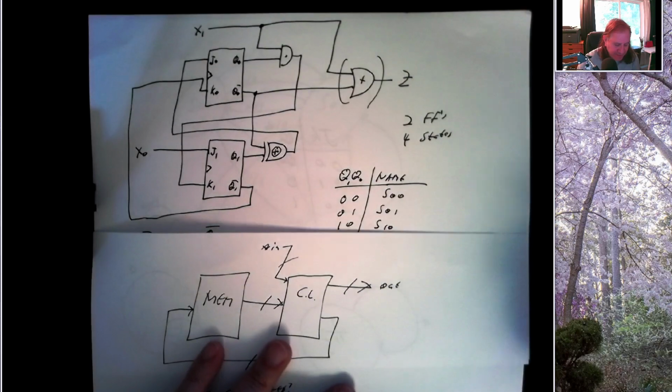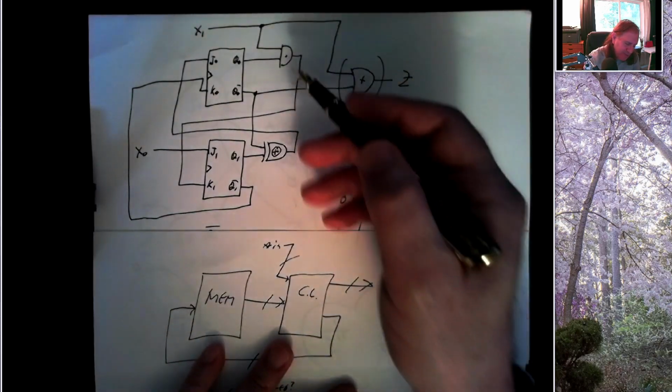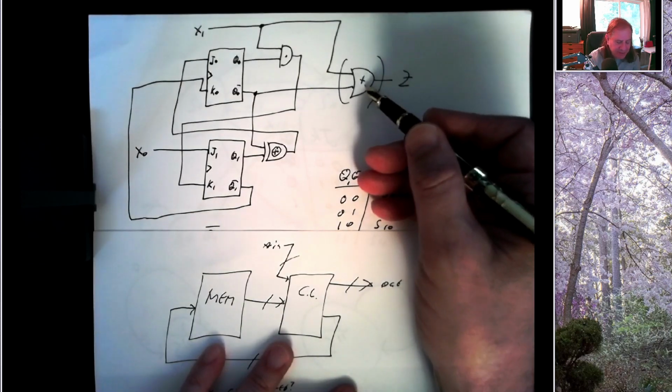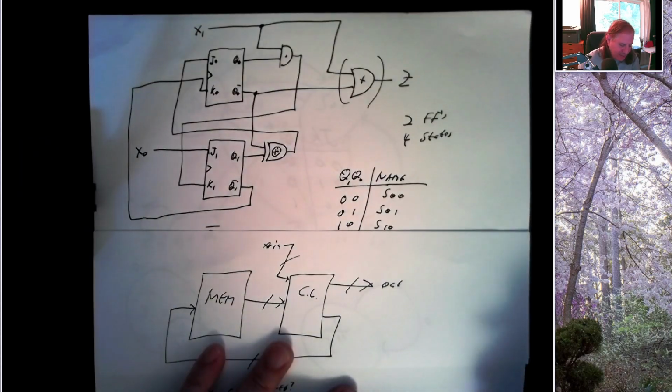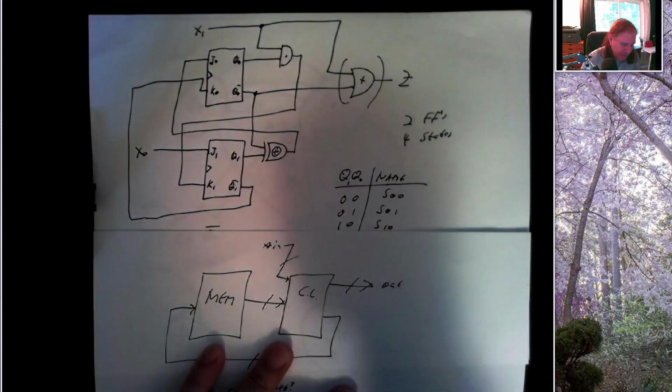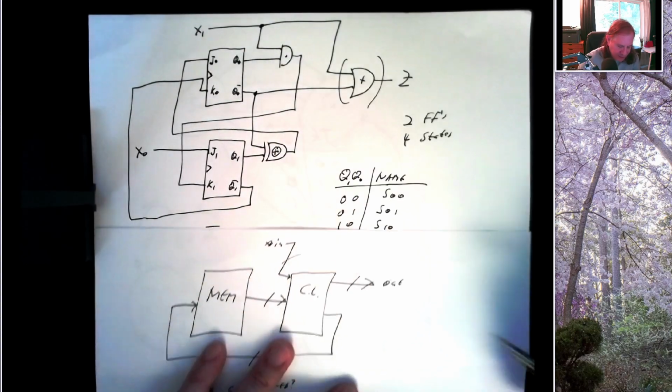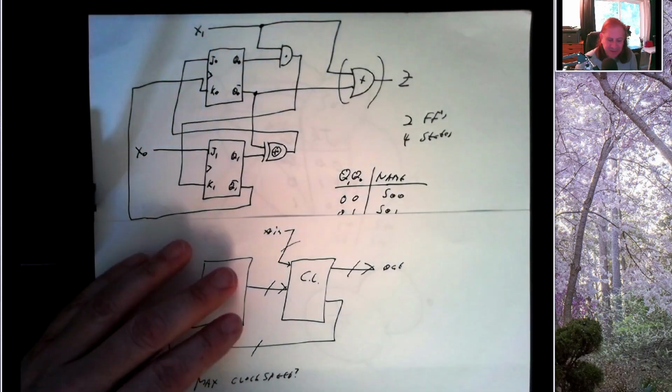And so if we found the propagation delay was 10 nanoseconds and 20 nanoseconds and 7 nanoseconds, we could say, okay, worst case is going to be the propagation delay through this gate. But you do some kind of calculation.